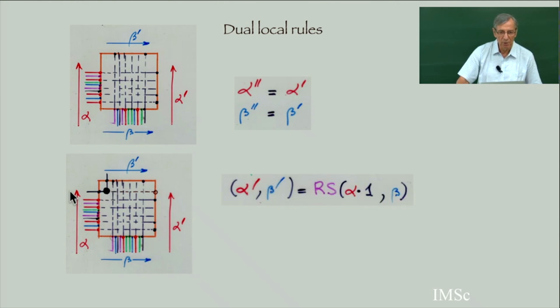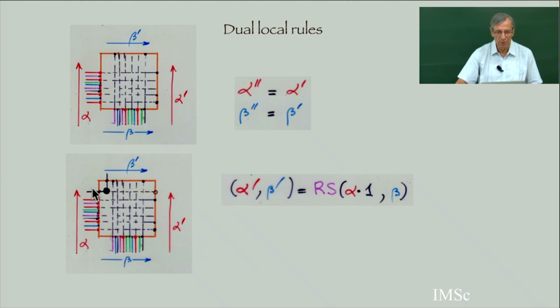Sorry. First you add this black point here, because all these color lines plus this one are going to cross all this. So I add the value 1 to alpha. I concatenate alpha and 1. And then I take the RSK product of alpha 1 and beta.